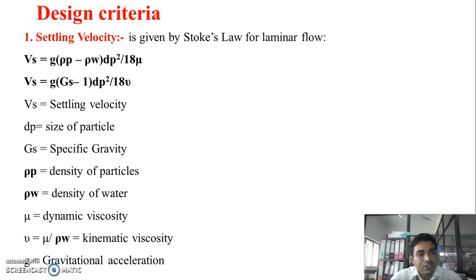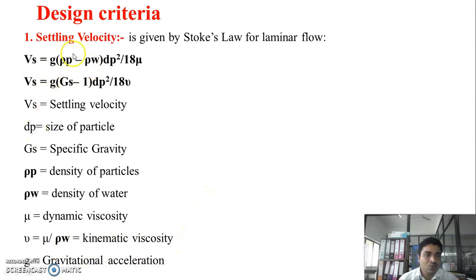Or this settling velocity can be calculated by using another equation, that is Vs is equal to g into (capital G suffix S minus 1) into dP square divided by 18 nu, where Vs stands for settling velocity, dP is the size of particle, Gs stands for specific gravity, rho P is the density of particle, rho W stands for density of water, mu is dynamic viscosity, nu is equal to mu upon rho W, that is kinematic viscosity, and g is gravitational acceleration.